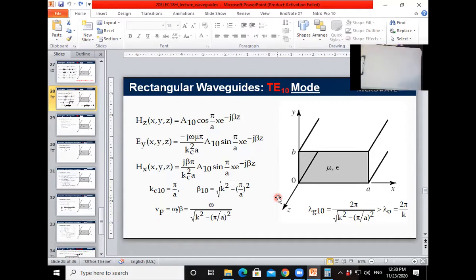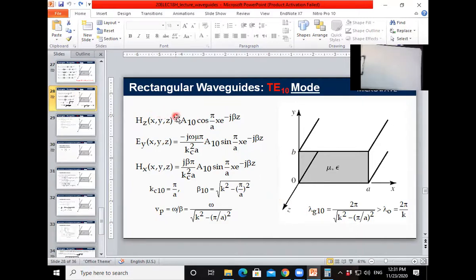So in this example, I am interested in plotting the XY cross-section, assuming that Z is the direction of propagation, of course. And I'm interested in plotting the XY cross-section for the TE10. That's why I chose the TE10. It's a very simple mode to plot.